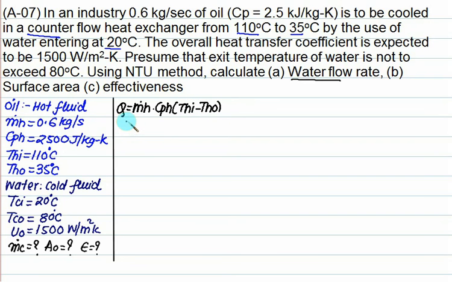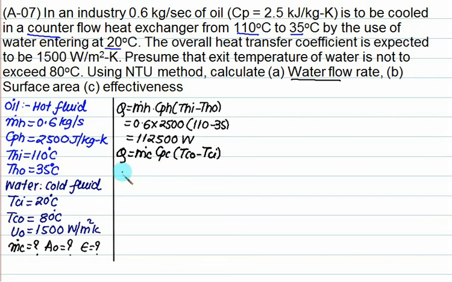M dot H is 0.6, CPH is 2500, THI is 110, and THO is 35. Also Q equals m dot C into CPC into (TCO minus TCI). CP of water is 4200 and TCI is 20. We can find out m dot C as 0.44.